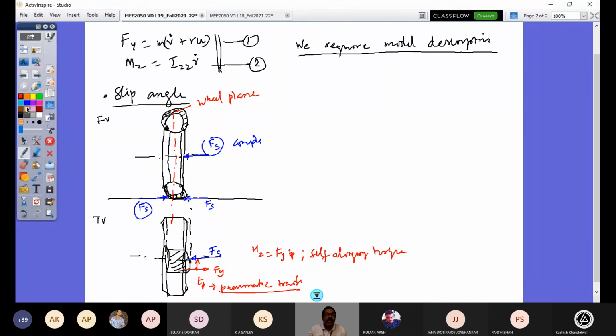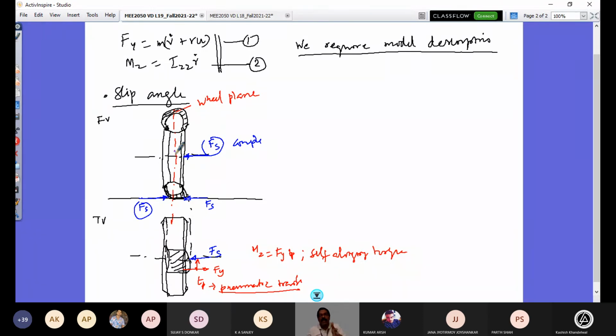So this distortion of your contact patch will take the vehicle which is initially rolling straight. The wheel plane was heading in this X direction, but now it's going to be with some angle, an exaggerated angle. So this is your wheel plane in the top view. And this angle is alpha.